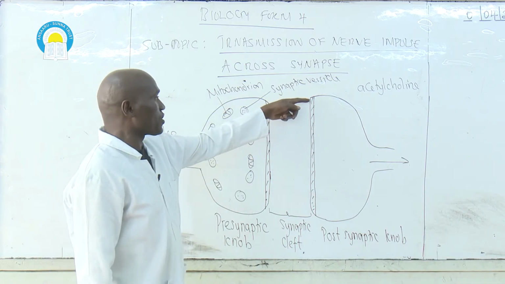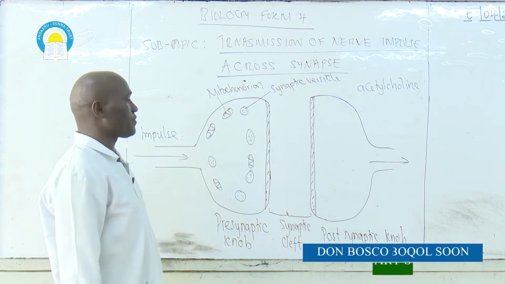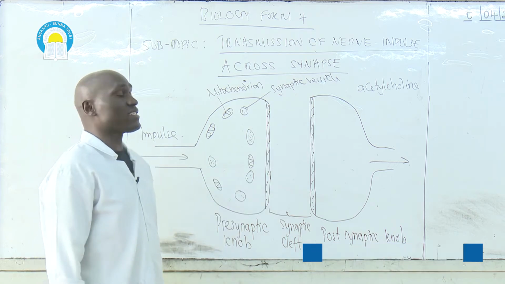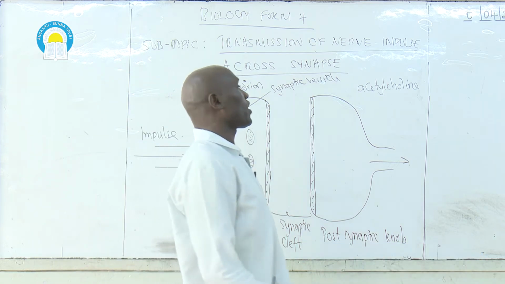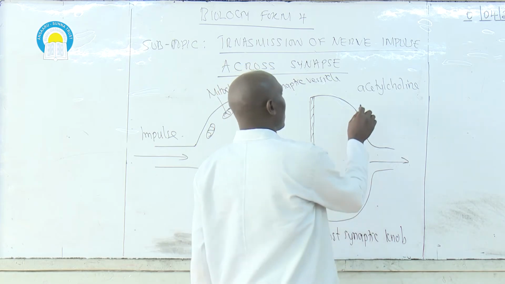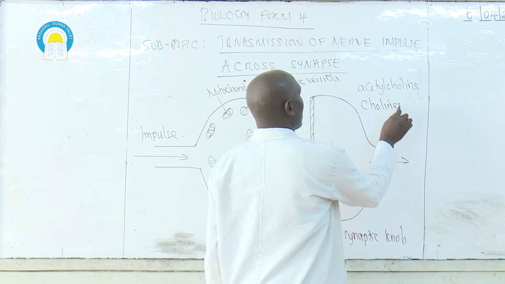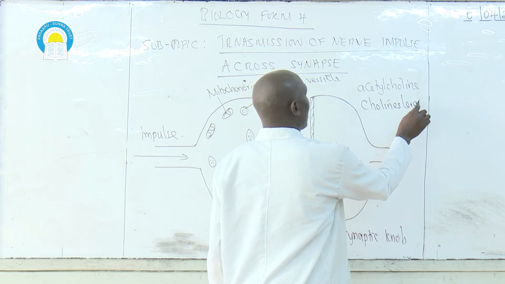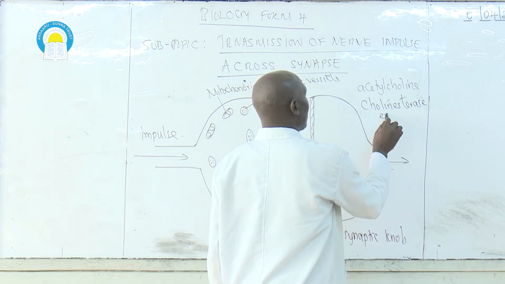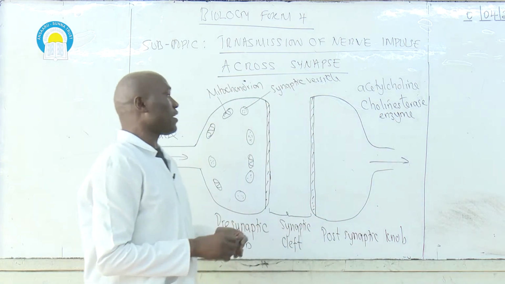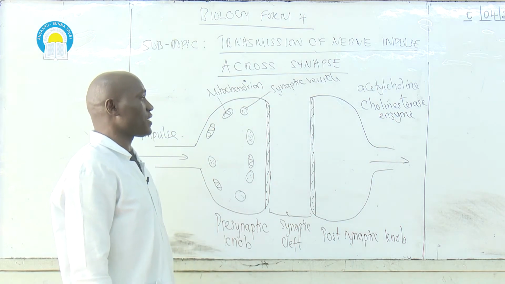This other one, postsynaptic membrane. Inside the synaptic cleft, there is an enzyme known as choline esterase. This enzyme is found inside synaptic cleft.